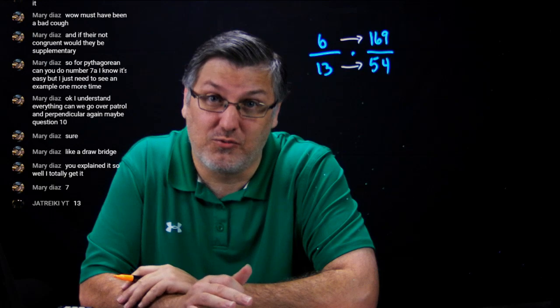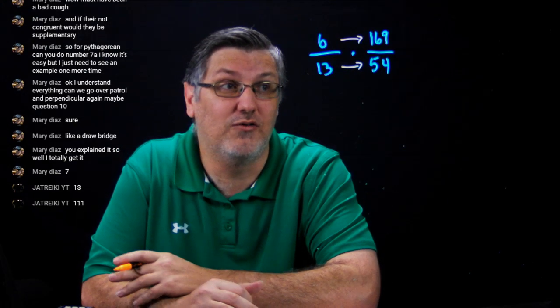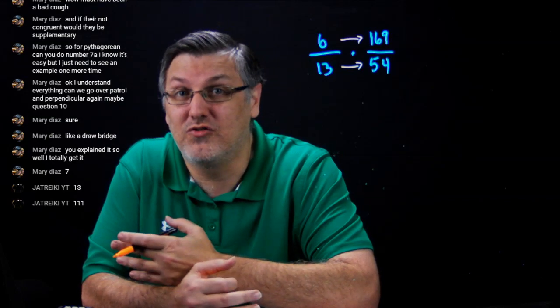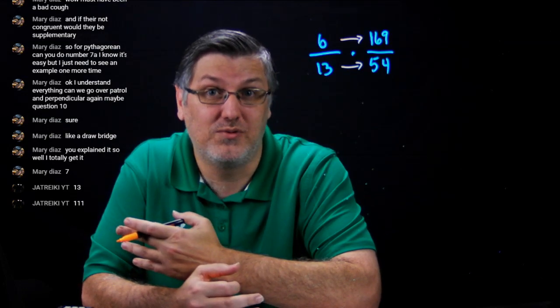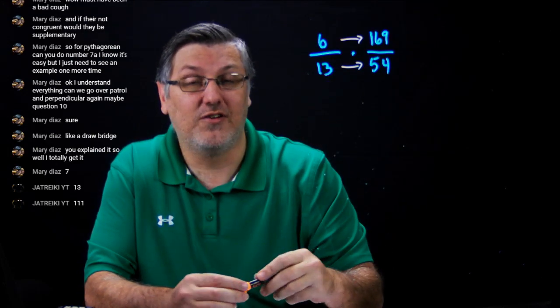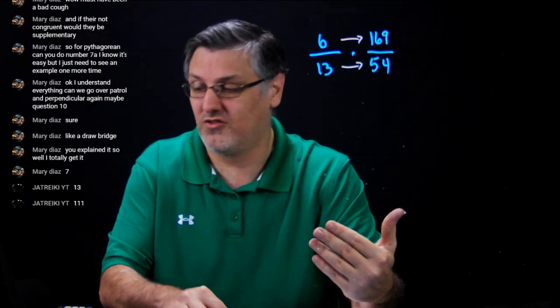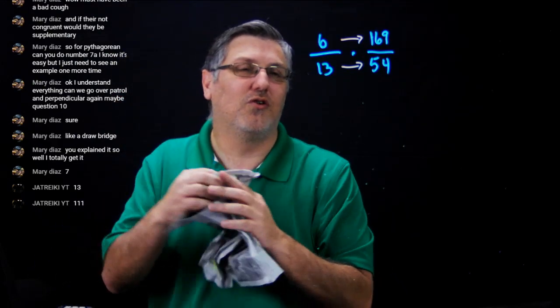That's the hard way to do this one. I could do 6 times 169 and 13 times 54, get really big numbers, and then reduce. Not how I solve this problem. I actually simplify to make my next step of math simpler. My next step of math is to multiply fractions. So we're still going to multiply straight across.